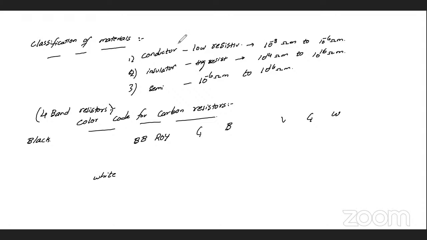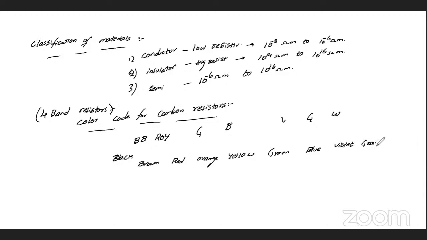First is black, brown, red, orange, yellow, green, blue, violet, gray, and white. So these are your 10 colors.